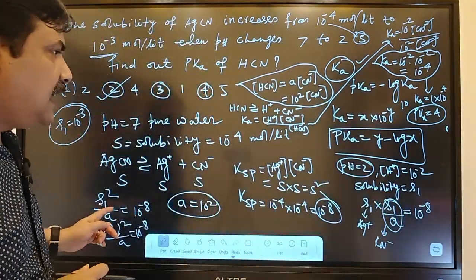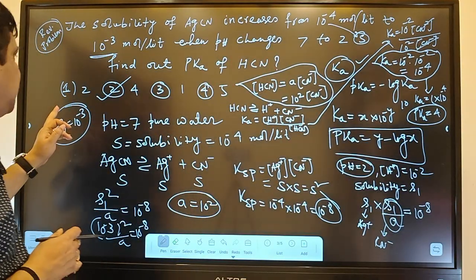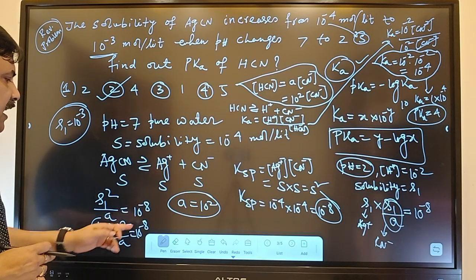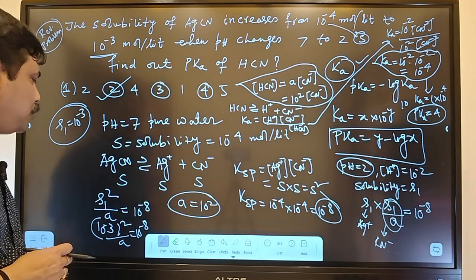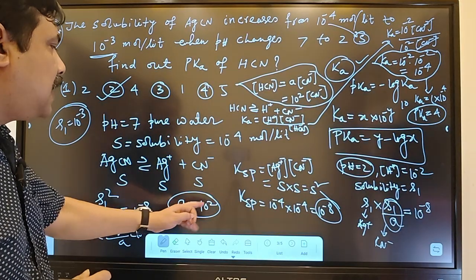Now S1 equals the new solubility, which is 10 power of minus 3. So S1 square equals 10 power of minus 6. Then A will be 10 power of minus 6 by 10 power of minus 8, which is nothing but 10 power of 2.